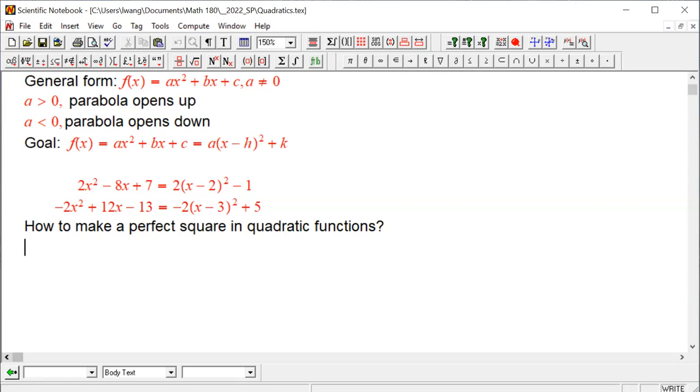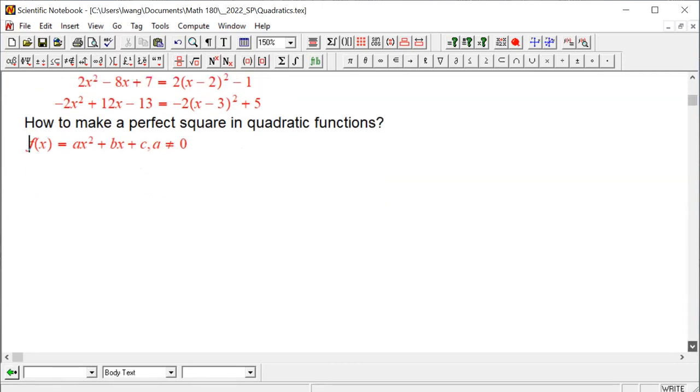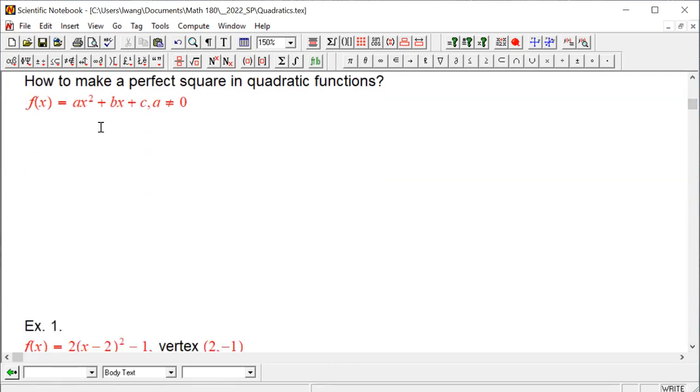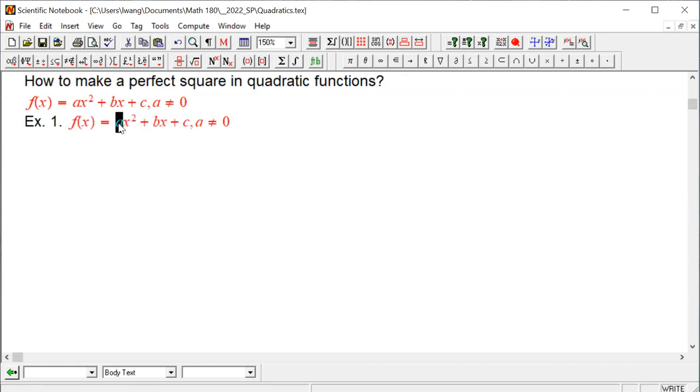In order to do that, we're going to take the general form and study some simple cases. The first example I'd like to talk about is that we have this general form: a equals 1, b equals 2, and c equals 1. How do we make this into a perfect square? What can we do?